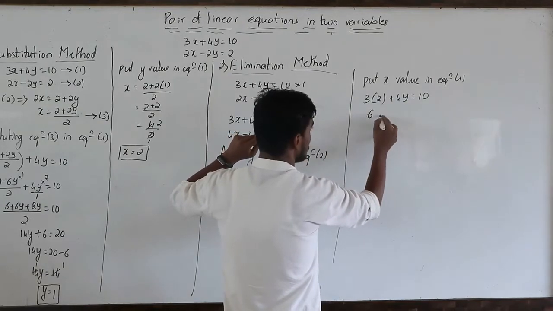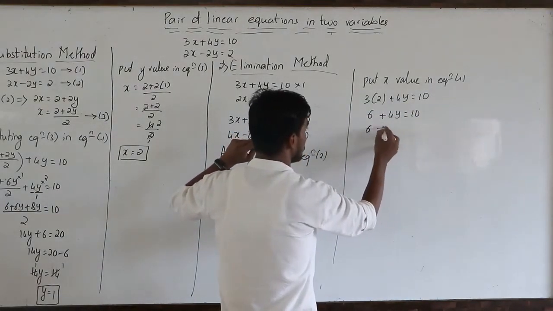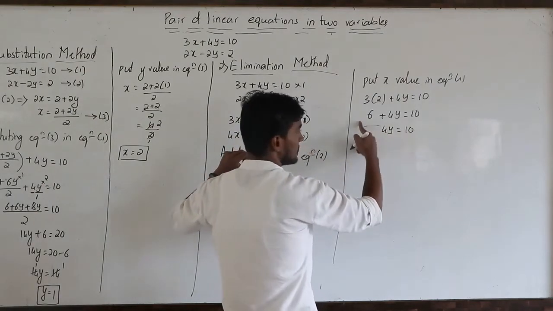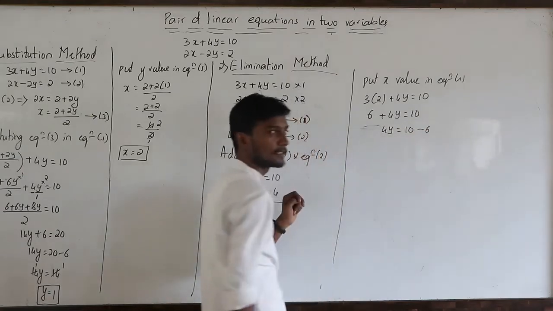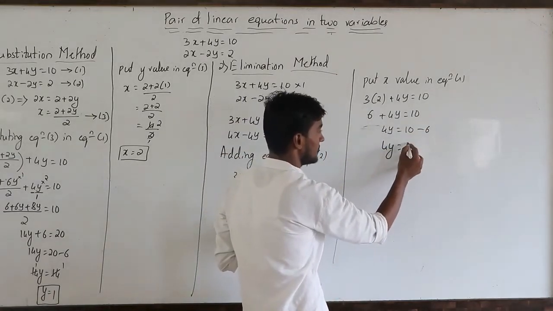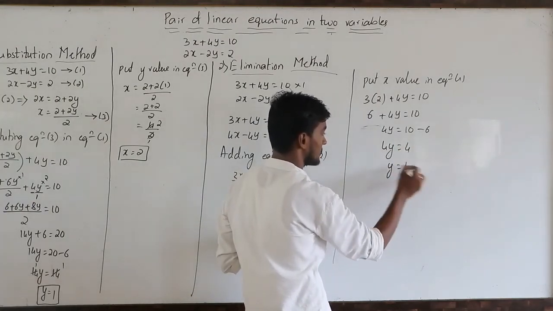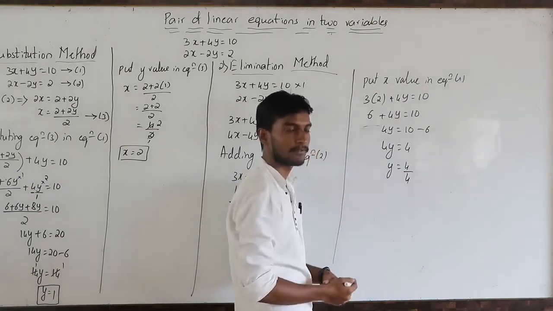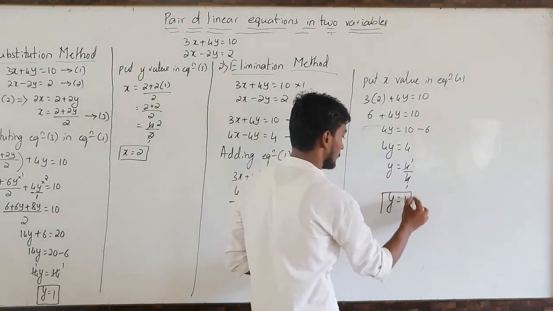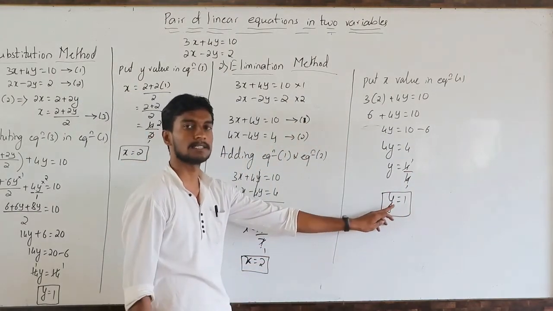So 3 twos are 6, plus 4y is equal to 10. So 4y you have to keep as it is. This 6, if you take that side, minus 6. 4y is equal to 10 minus 6 is 4. This 4, if you take that side, divided by 4. Cancel, 4 ones are 4. Y is equal to 1. The value of x is 2. The value of y is 1.